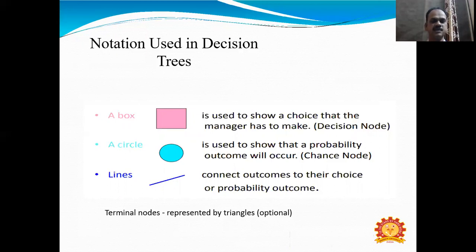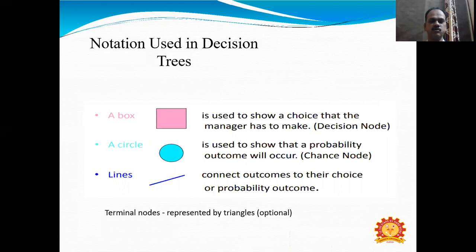A circle represents the chance node, which is nothing but a branch node, used to show that a probability outcome will occur. A probability outcome will produce two outcomes, either yes or no, either 0 or 1.